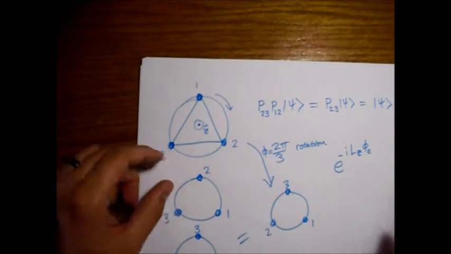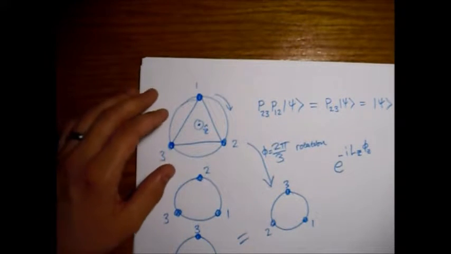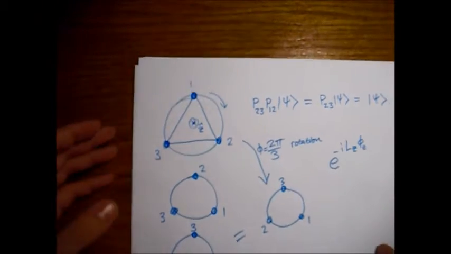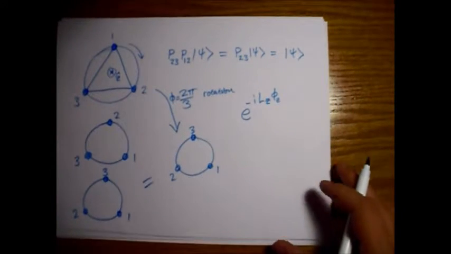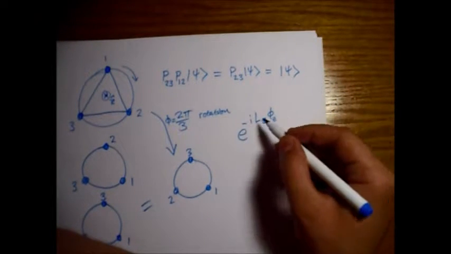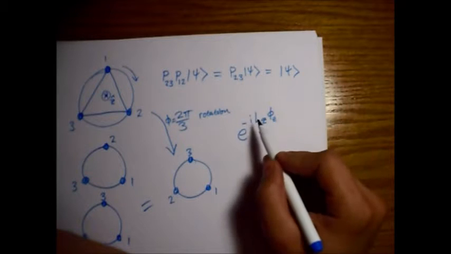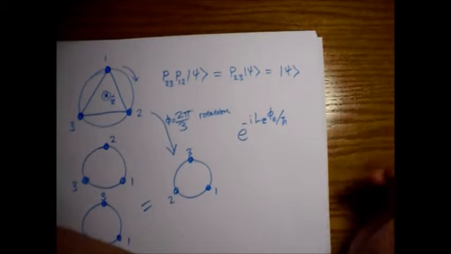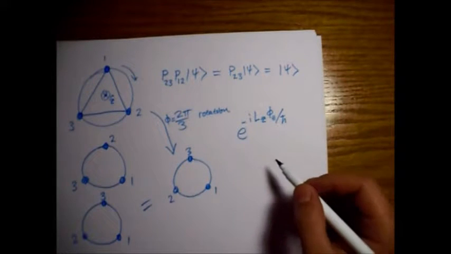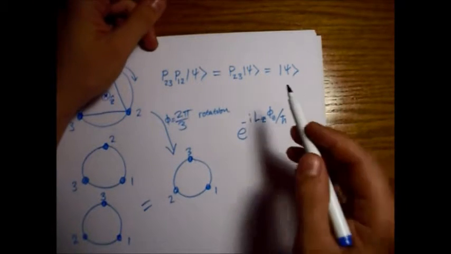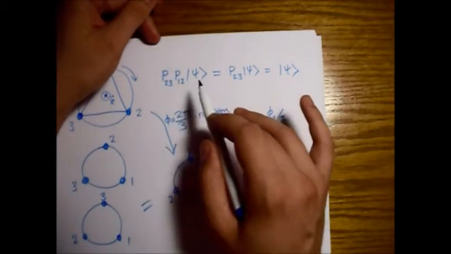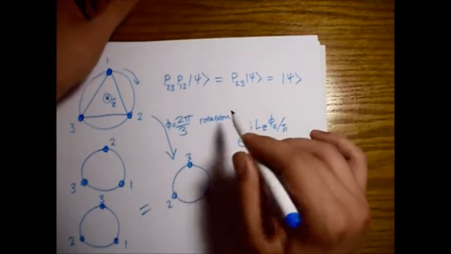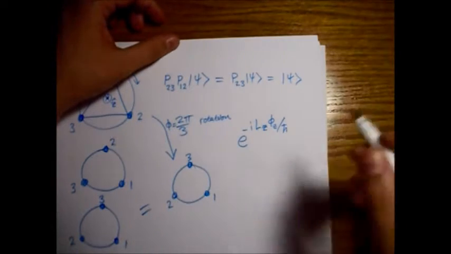Let me draw that coming, maybe going into the page. Anyway, we're rotating around the z-axis. So now we're going to put this onto our ket, right?